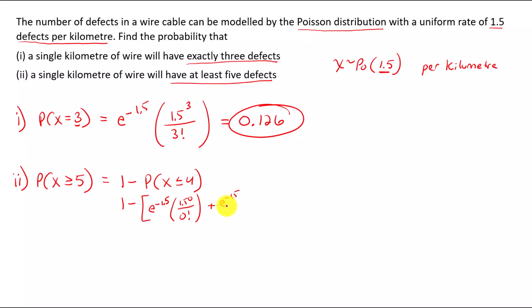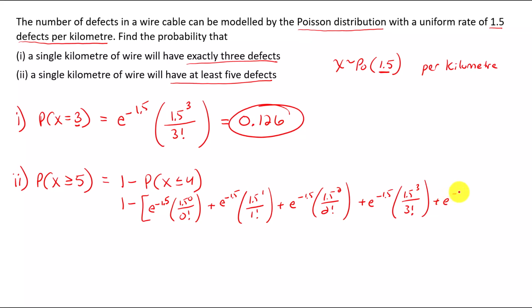Then I'm going to have e to the negative 1.5 times 1.5 to the first over 1 factorial. e to the negative 1.5 times 1.5 to the second over 2 factorial. We're going to do this until we get to 4. So 1.5 cubed over 3 factorial. And then 1.5 to the fourth over 4 factorial.